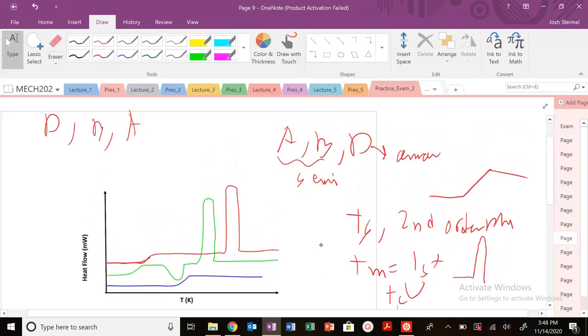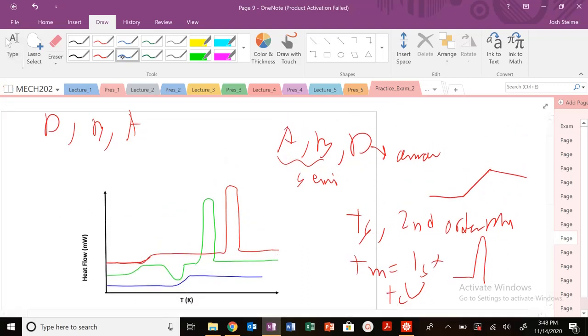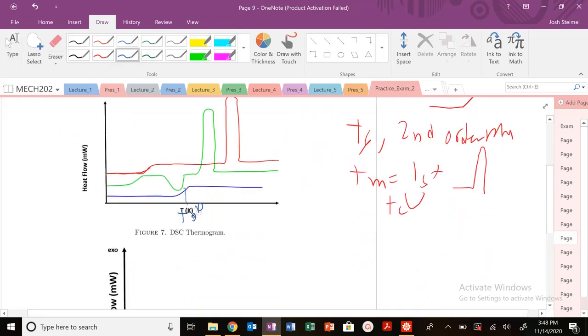So I know that my largest Tg should correspond to my polymer D, and I should not have any semi-crystalline peak. So this is my Tg of D, and that's D for sure.